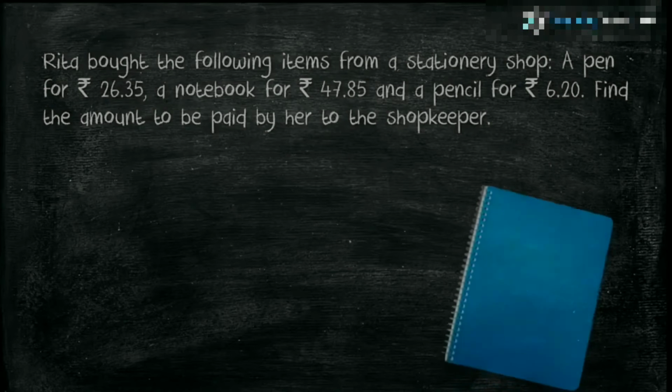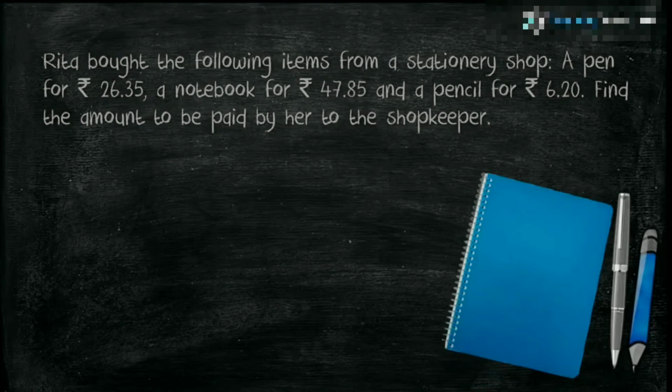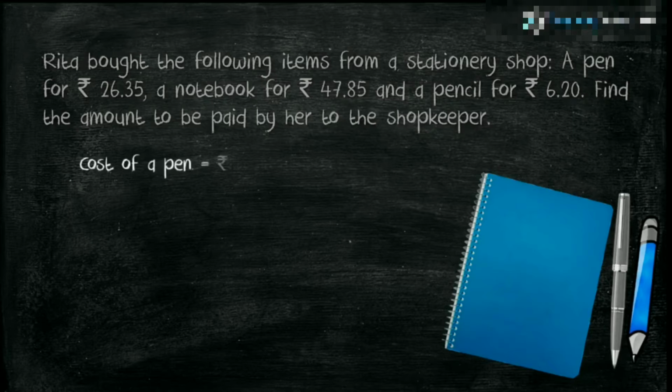Next question is, Rita bought the following items from a stationery shop. A pen for rupees 26.35, a notebook for rupees 47.85 and a pencil for rupees 6.20. Find the amount to be paid by her to the shopkeeper. Students, first let's write the statement for this word problem.